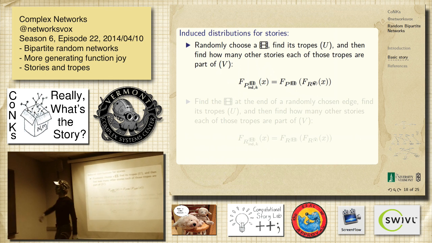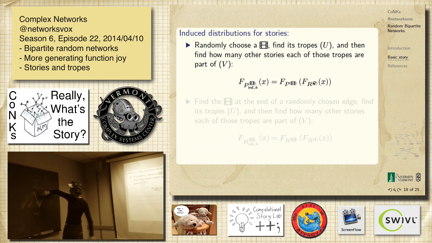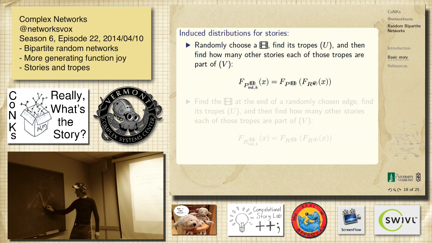This is explicitly saying the construction of R is, okay, we start with P, that's the first thing you're given. We're given a P probability distribution for here and a probability distribution for here, and you construct the R ones, which give you, so I'm going to run down here and find how many other edges come out of here. That's R.